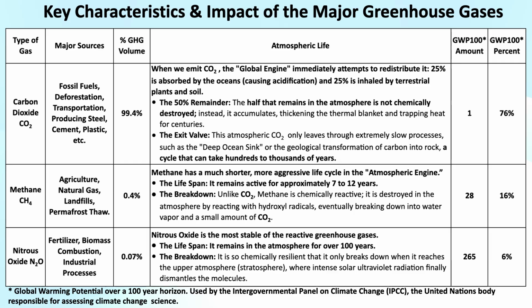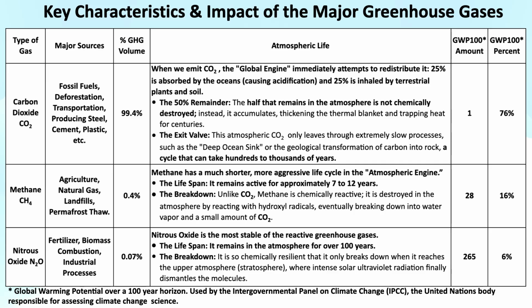Now it has a warming potential of 265. So it's 265 times more potent than carbon dioxide. And as a result, this 7/100ths of 1% really represents 6% of the warming power of greenhouse gases in the atmosphere.